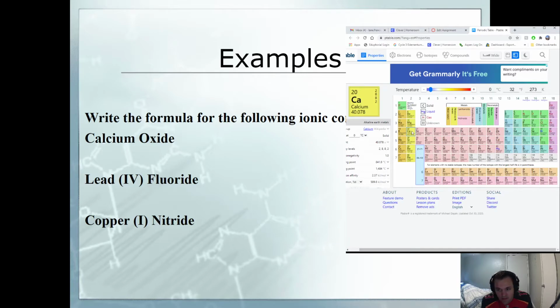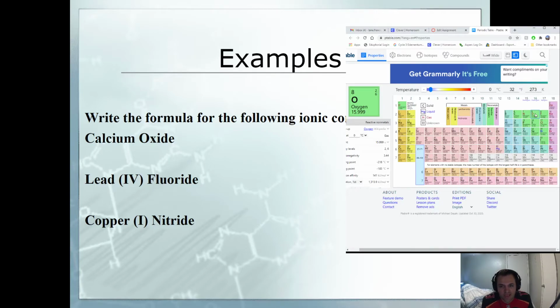So just like we did last week, if calcium is in this 2nd column, that means it has 2 valence electrons, which means when it turns into an ion, it's going to want to get rid of those 2 and end up with a charge of +2. Oxygen's in this column here, the 3rd from the right, which means it has 6 valence electrons.